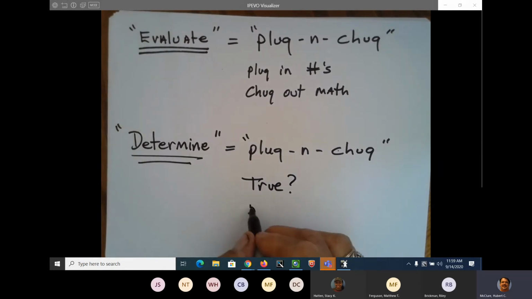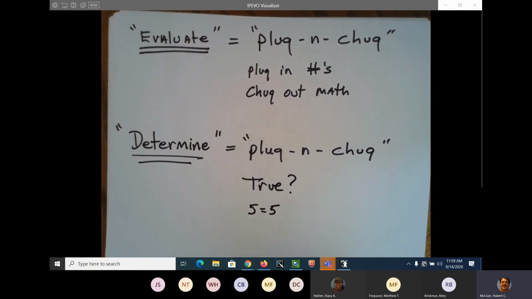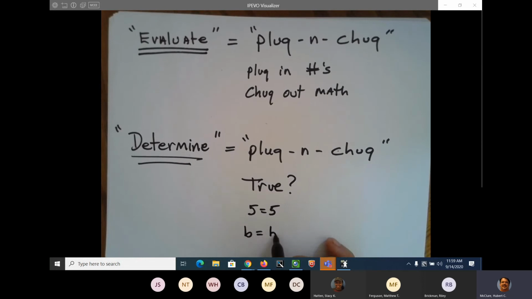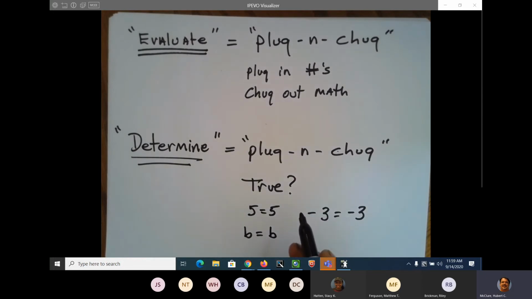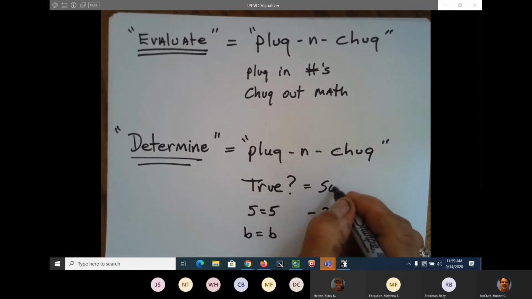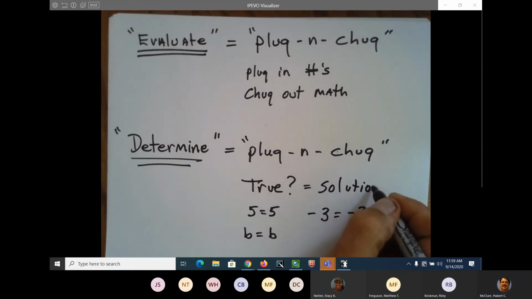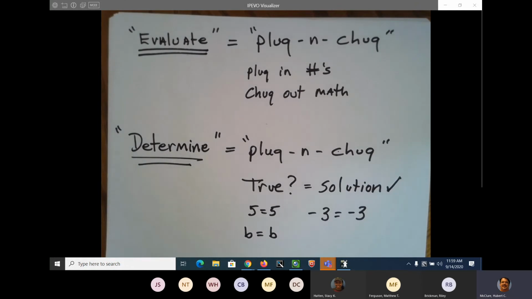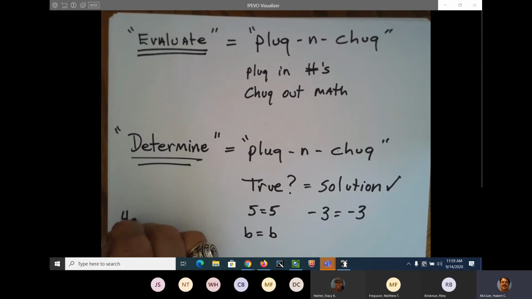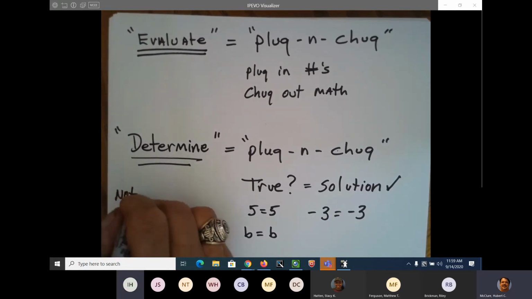Like 5 is equal to 5, or B is equal to B, or -3 is equal to -3. If it's true, like these three, then you have a solution. If it's not true, then that means there is no solution. If you come out with 4 is equal to 8, then that is not a solution.